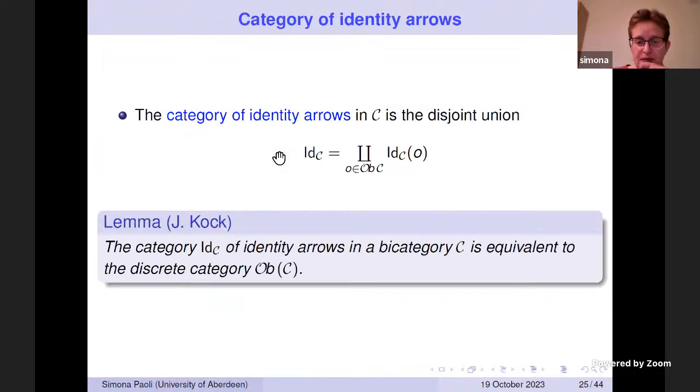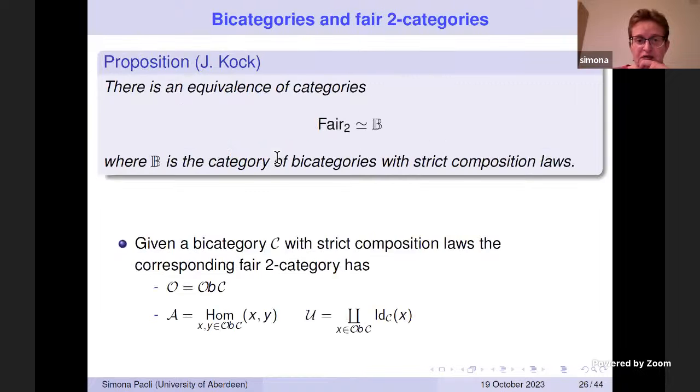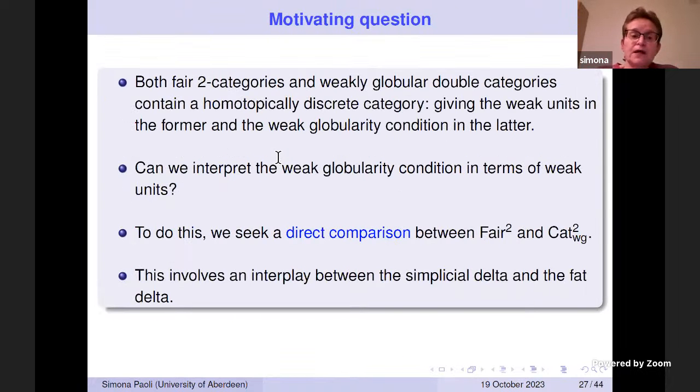Now here comes the crucial point. We have 2 structures, weakly globular double categories and fair two categories. Both of them have inside them a category which is homotopically discrete. In the case of weakly globular double categories, this is x0, which encodes what I call the weak globularity condition.